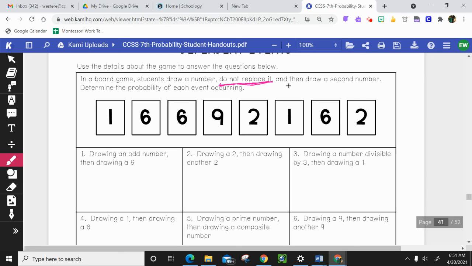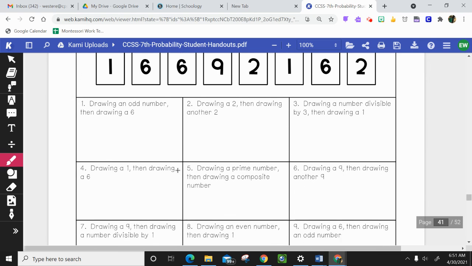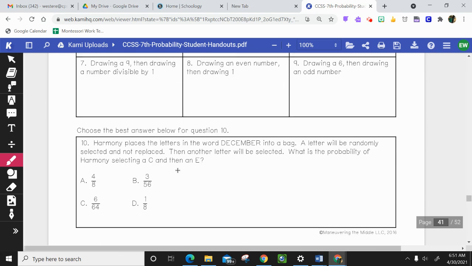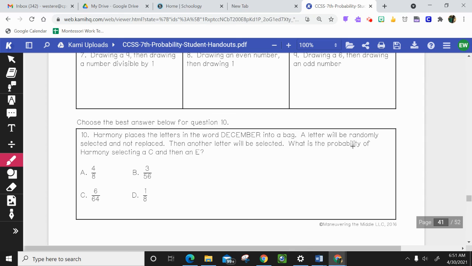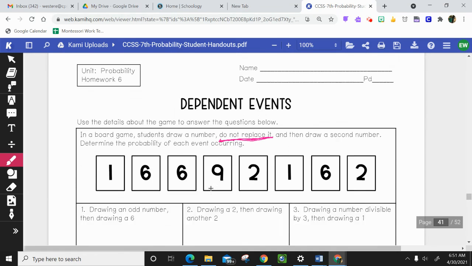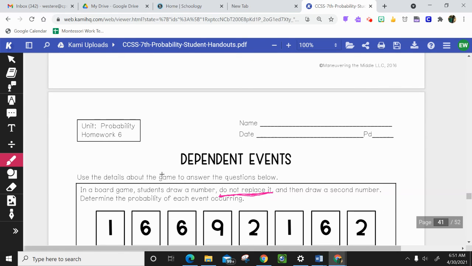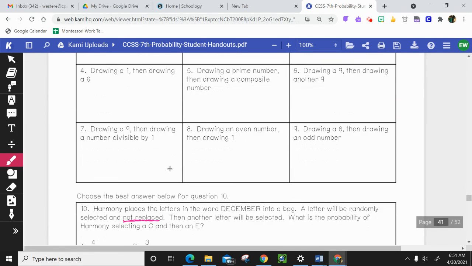So do not replace it. Then draw a second number, okay? And then this again is an independent event down here, okay? Because that's what we're practicing. Dependent event, because that's what we're practicing. Okay, so this will be a CAMI assignment. Go ahead and work on that and hand it in today.